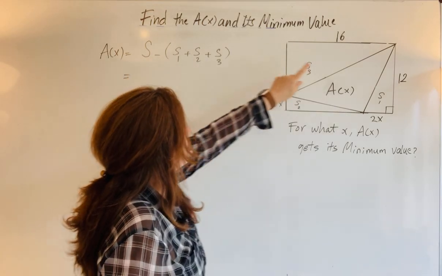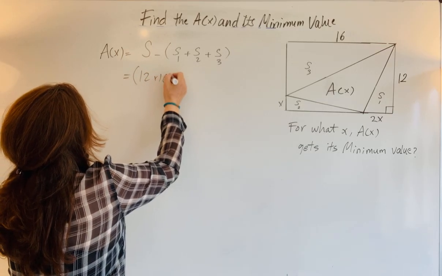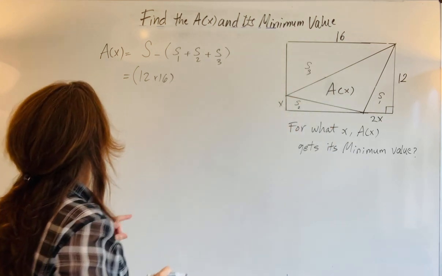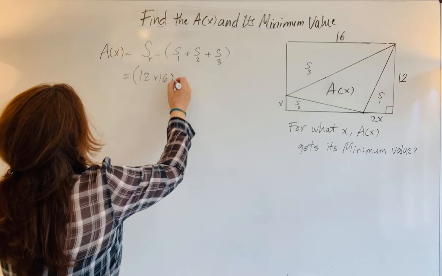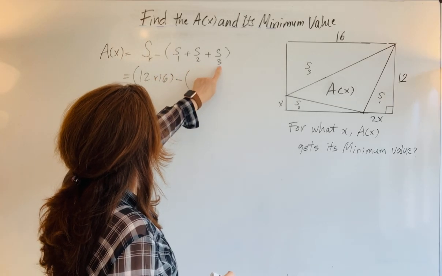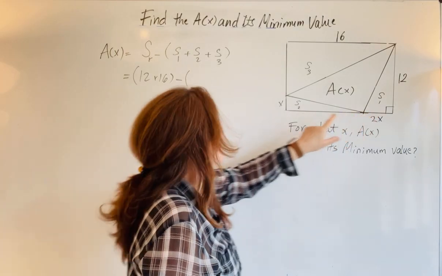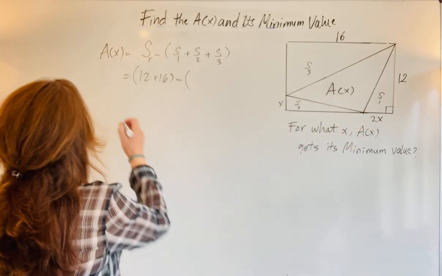The entire rectangle is 12 times 16. Yes, this is the big one. We can say the rectangle minus the sum of S1, S2, S3, but I prefer to find each one separately and then replace it. Good?